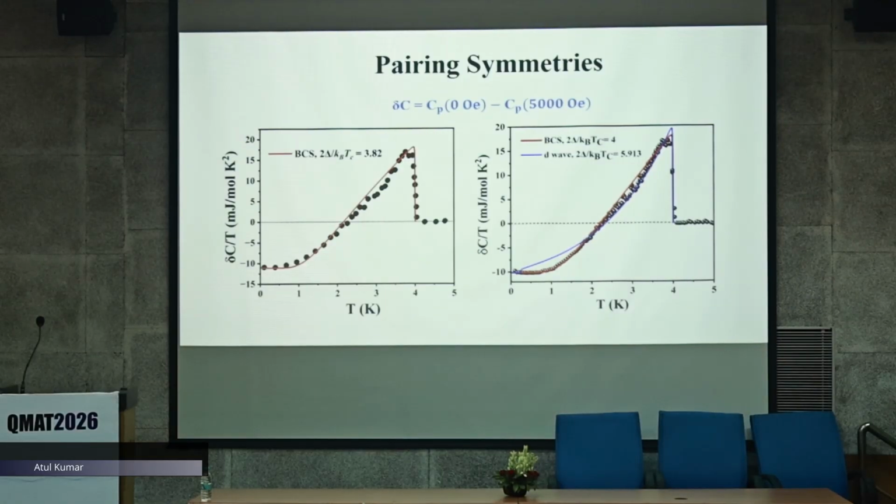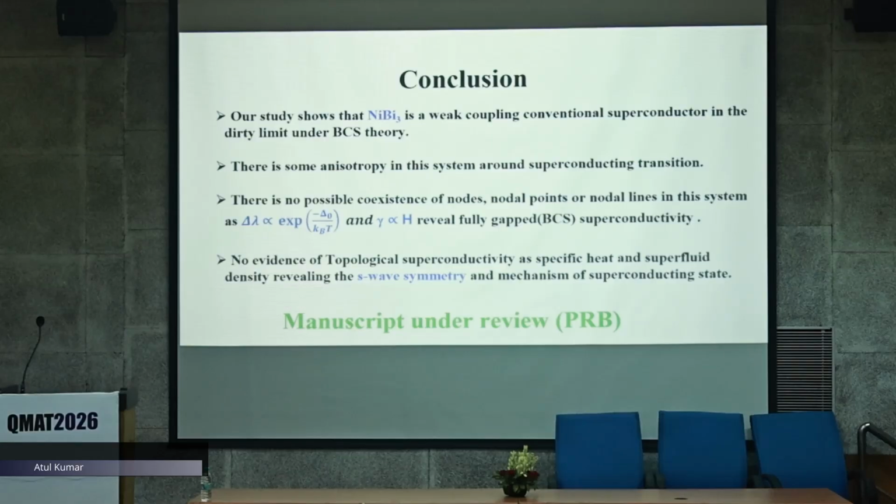Again, it suggests that it is a conventional BCS type superconductor. So this is the conclusion. All of my results show that it is a conventional BCS fully gapped superconductor. I didn't find any nodes or nodal points, and the symmetry is S wave, which suggests that it is a fully gapped BCS superconductor.